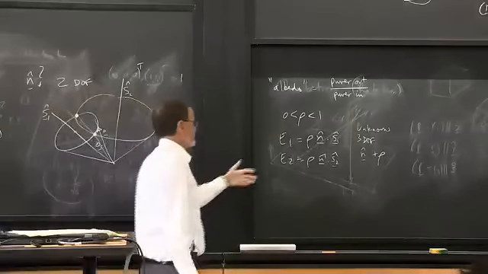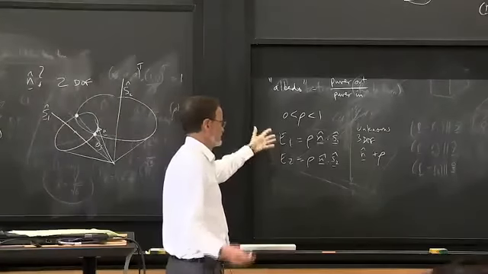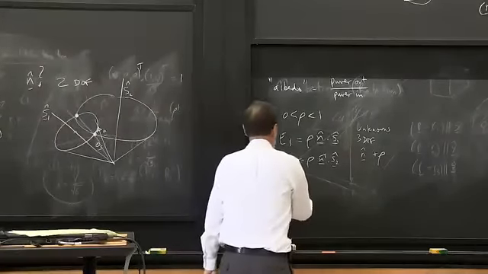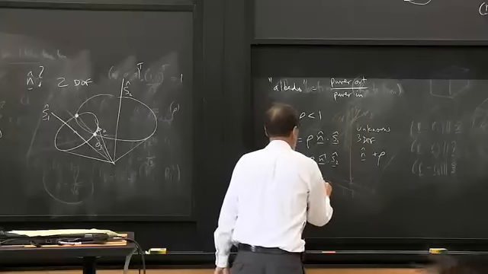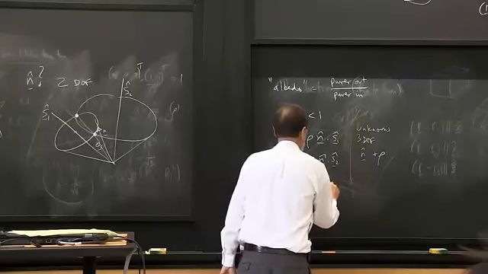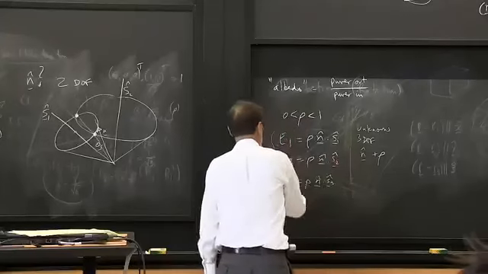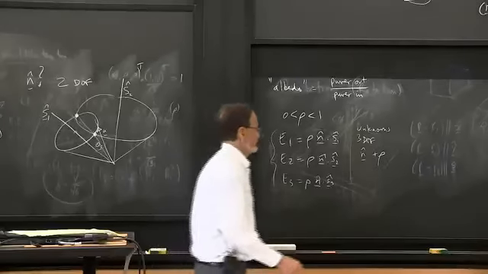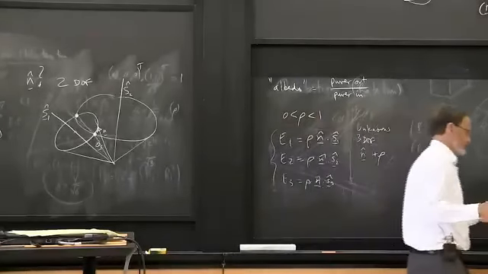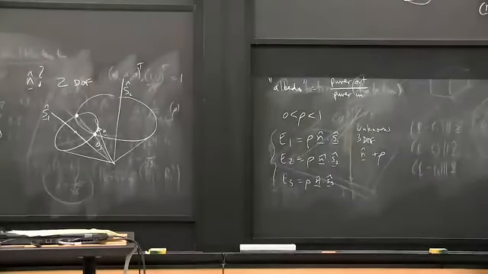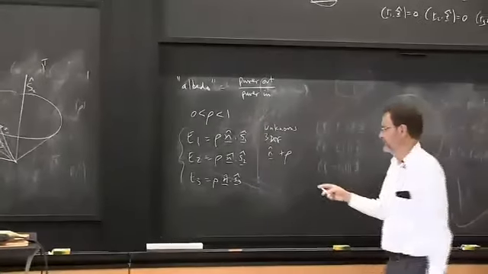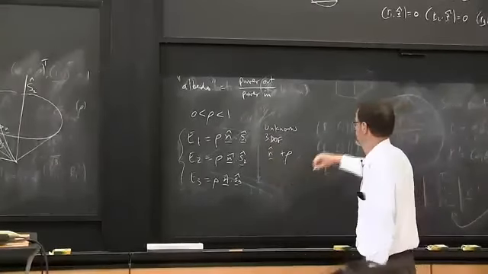Well, that means I can't do it with 2 equations. So let me add a third one. Okay, so that seems to be a match. I have 3 unknowns, and I have 3 measurements.